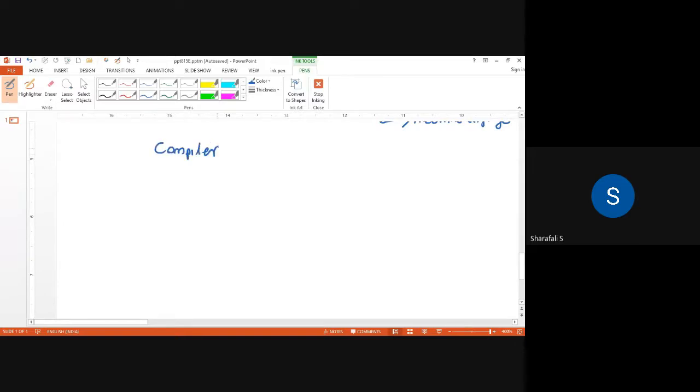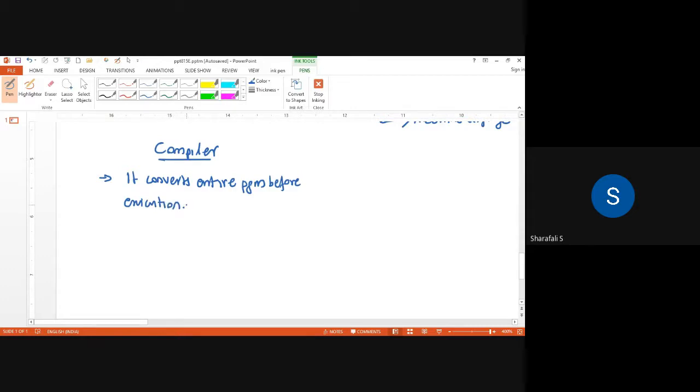In the case of a compiler, it converts the entire program before execution. First point is that it converts the entire program before execution.